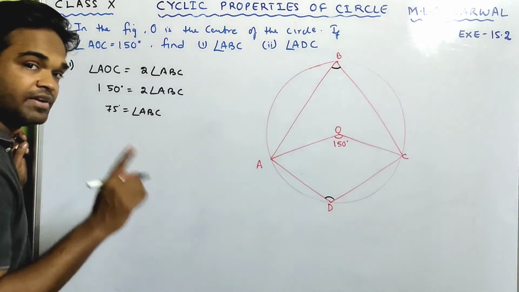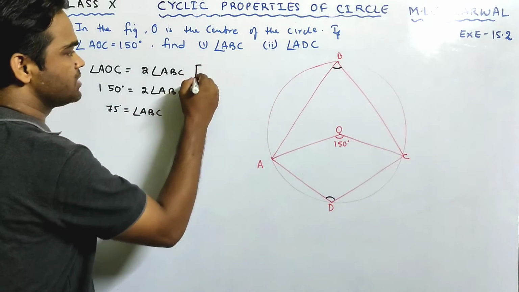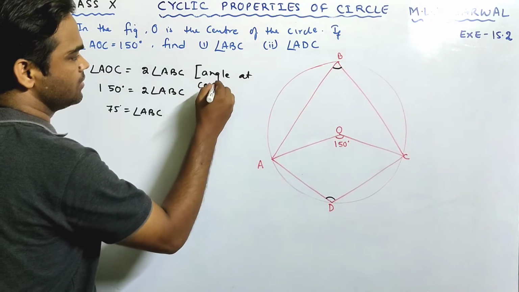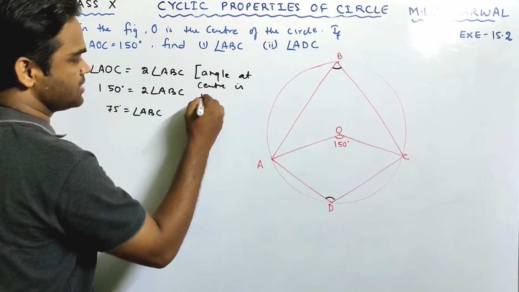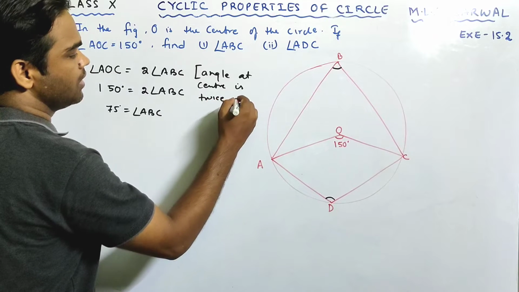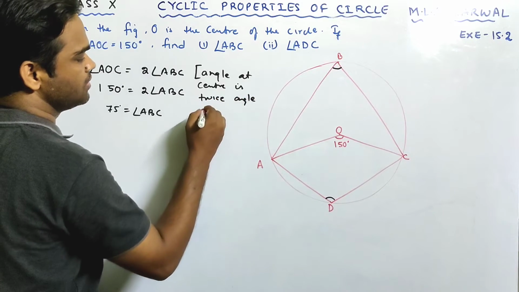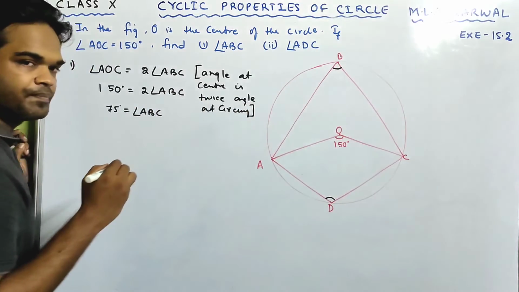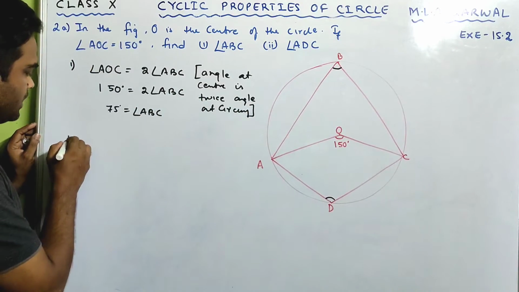So angle ABC is 75 degree. Reason: angle at center is twice the angle at circumference. Okay, done.